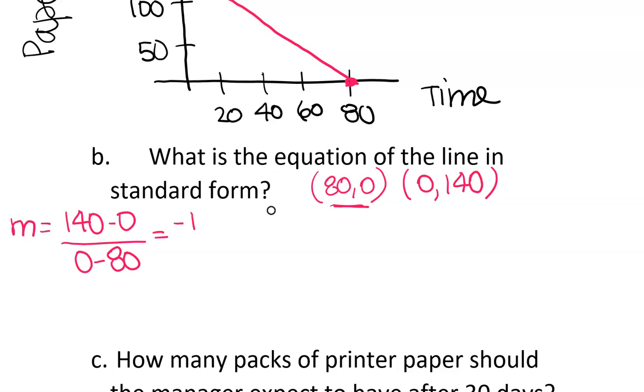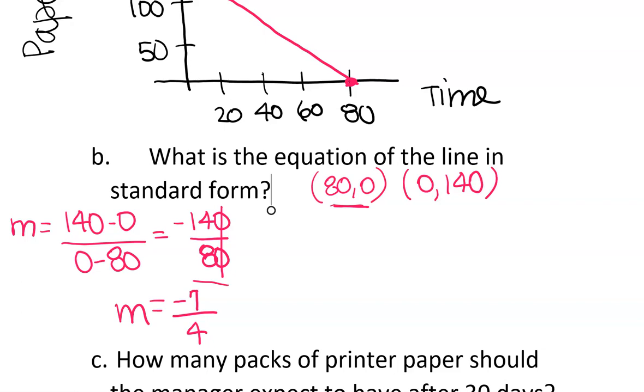So I get negative 140 over 80. I'm going to reduce that by dividing by 10. I'm going to reduce it again by 2, so I get negative 7 over 4. Also check, is my graph going down, which is what the negative means? It is. So we found our slope, and I have my point.